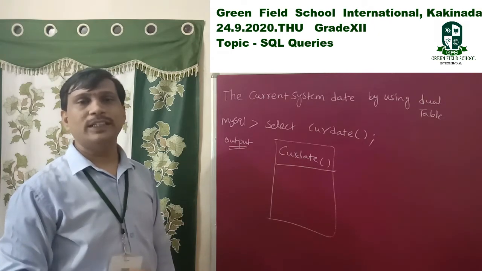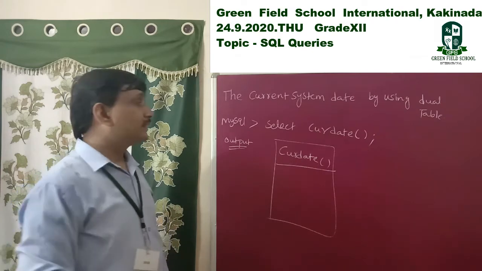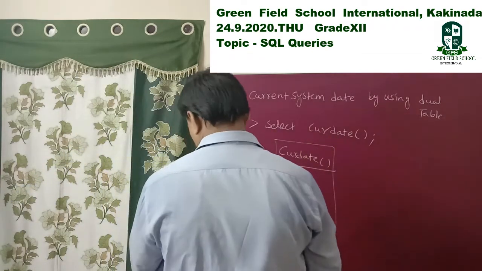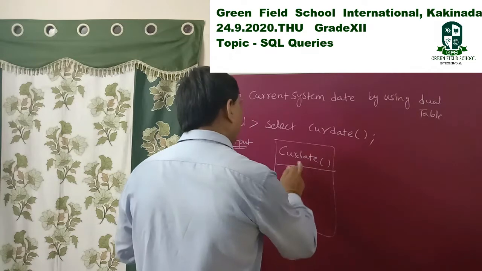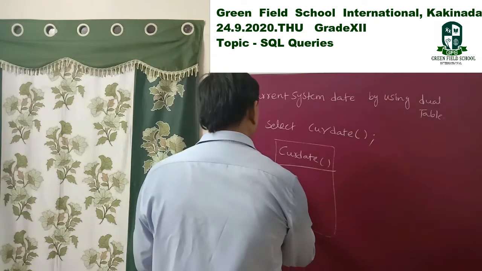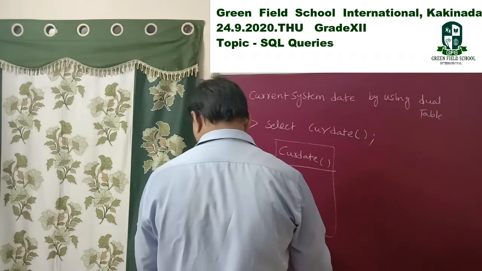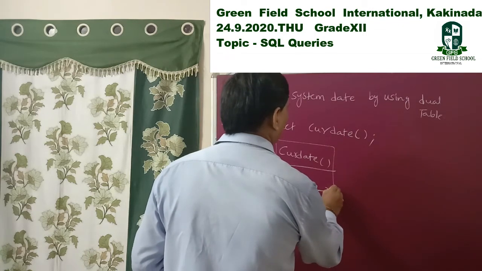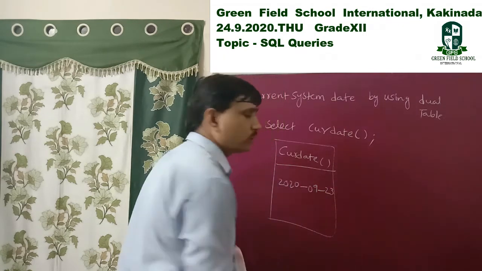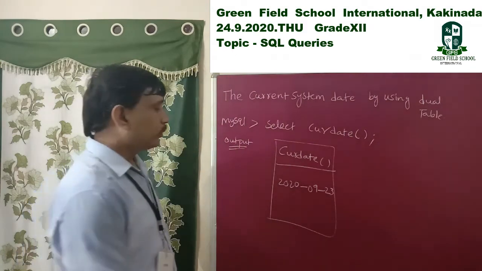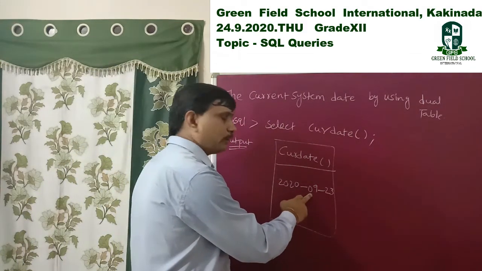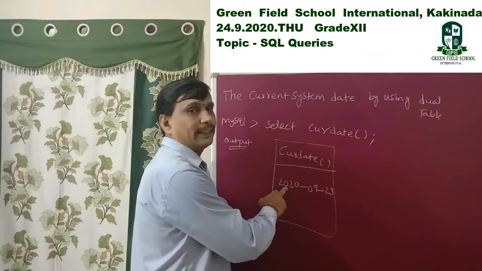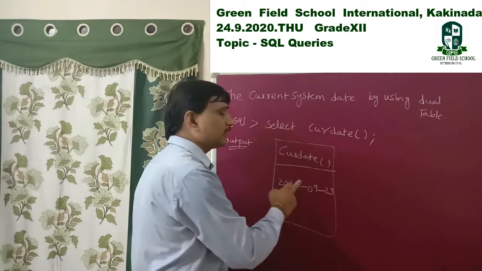How do we specify it by using the SELECT command? SELECT CURDATE. Next, it displays the current system date. Today, 2020, 09/23. It displays like that. 23/9 means September 2020, today's date; it displays the current system date.